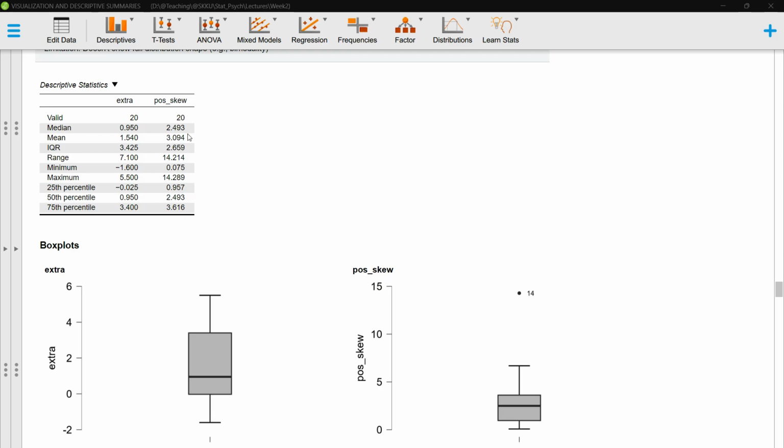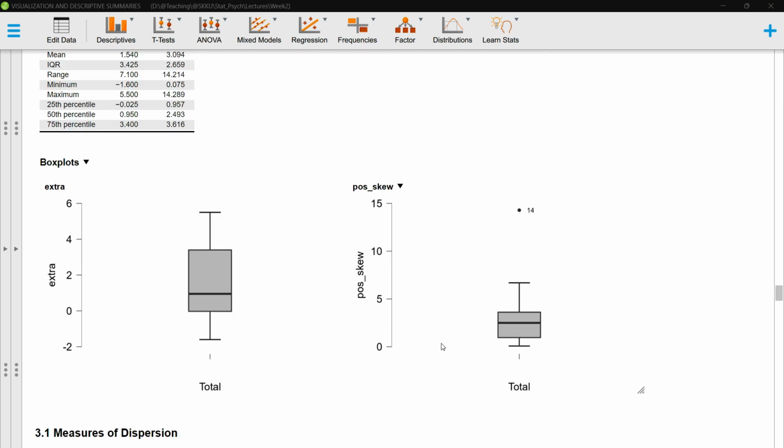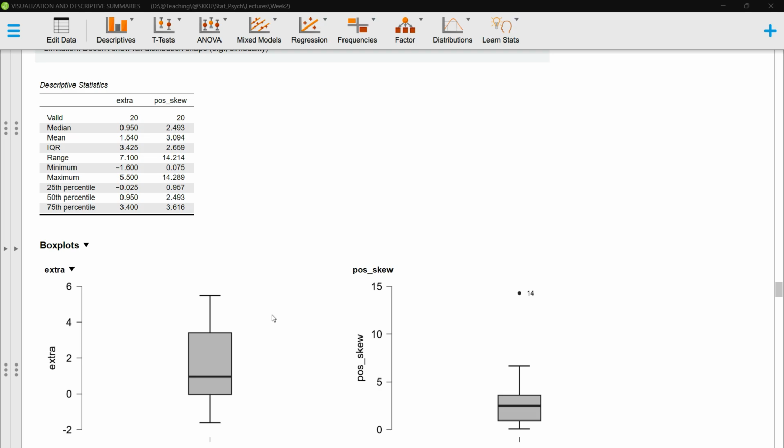And for the positively skewed variable, we also have the first, second, and third quartiles from 0.9 to 3.6. Here, 0.9 to 3.6.